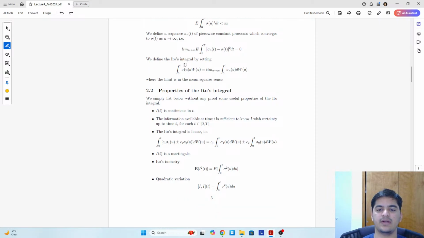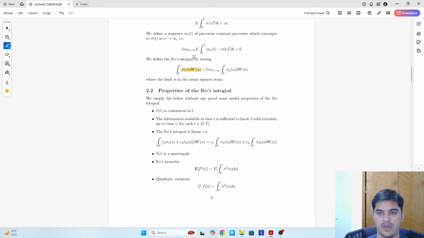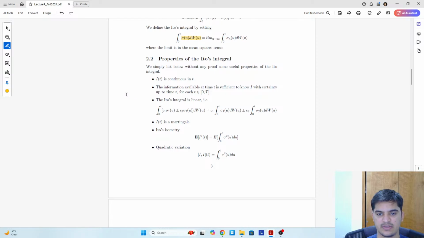We define the Ito integral by setting an integration function of the Ito integral, which basically gives us the integration of the Ito integral with limits, where the limits are in the mean square sense.